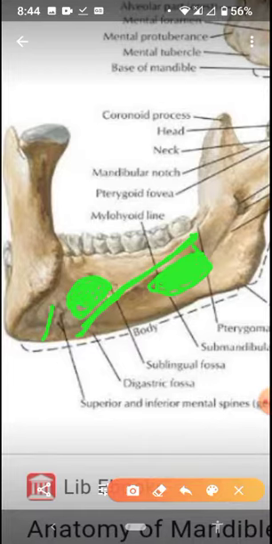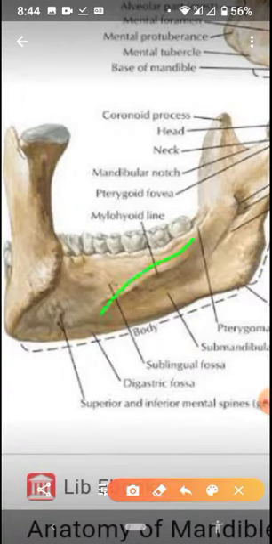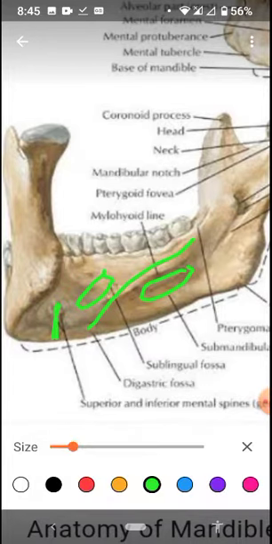This is the mylohyoid line, this is the submandibular fossa, this is the sublingual fossa, and this is the mental spine. The mental spine is present medially, and on the external side you can see the symphysis menti. I guess it's clear. Let's move forward.